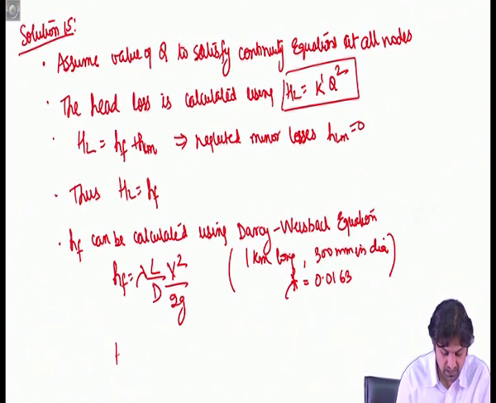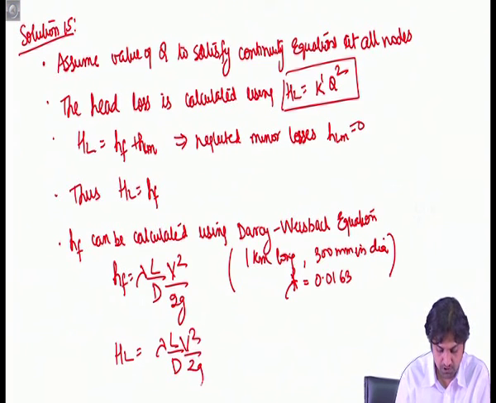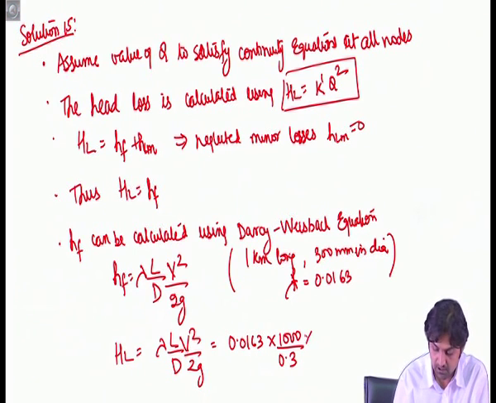So, the total head loss is lambda L by D V square by 2G. Let us put the values. Lambda is 0.0163 into length 1000 meters, diameter 0.3 meters, into V square by 2 into 9.81.